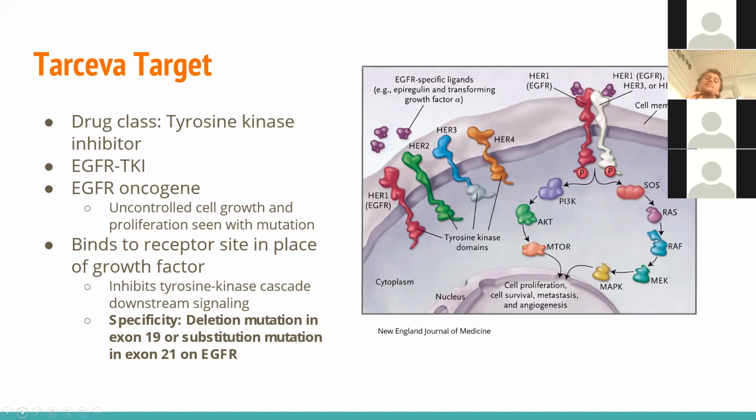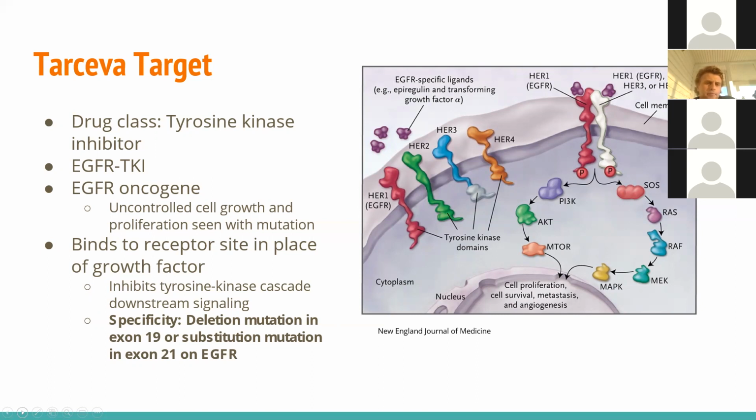The way Tarceva targets these cells specifically, it is a tyrosine kinase inhibitor, which directly affects the uptake of epithelial growth factor. When epithelial growth factor becomes an oncogene, it is involved with the uncontrolled cell growth and proliferation within the mutation. So instead of having the growth factor bind with the tyrosine kinase domain, it replaces it, which inhibits the cascade.